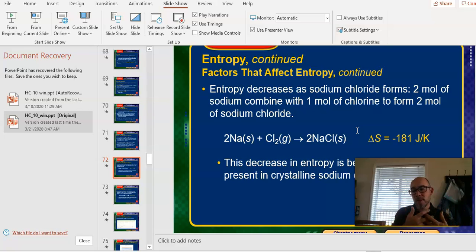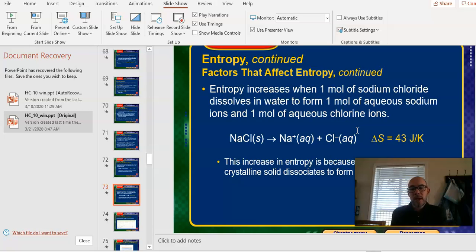We can bring these two things together. They're fairly unstable, and so they react with each other, and then they form a crystal, right? They form a solid, and that's much more systematized. It's much more orderly than the solid and the gas, chlorine gas being pretty crazy stuff. So the decrease in entropy happens because of the order present in crystalline sodium chloride in the products.